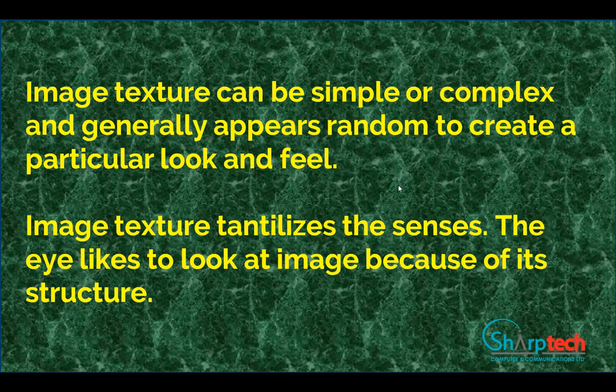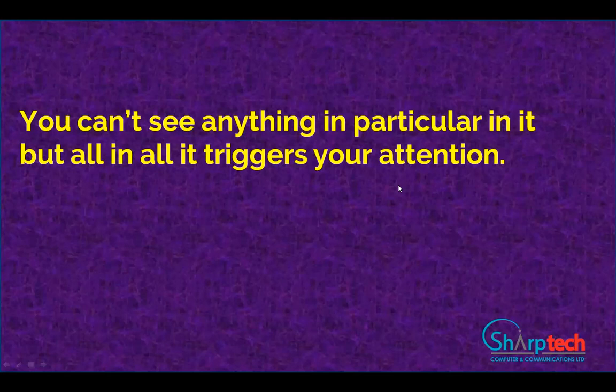Okay? And we are saying, can you please help me read that statement? You can't see anything in particular in it, but all in all, it triggers your attention. So whenever you are looking at texture, the image texture in this situation, most of the time, you may not be in position even to recognize what particular thing you are seeing in it.